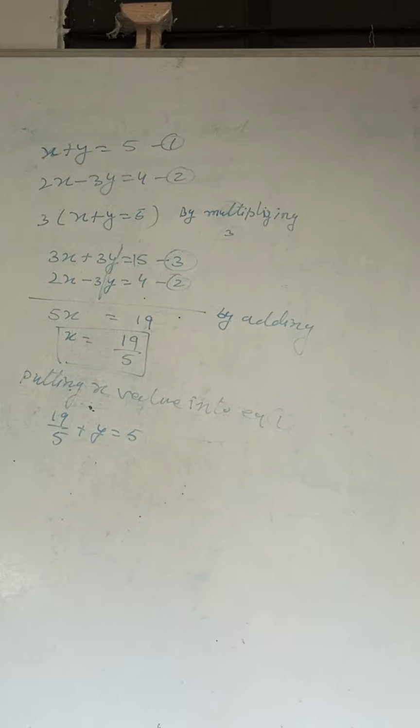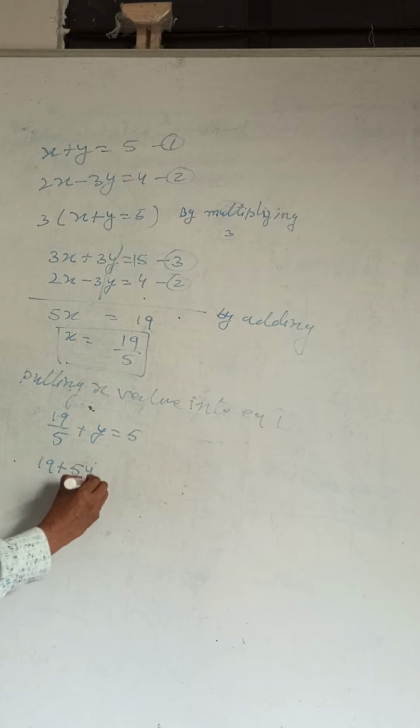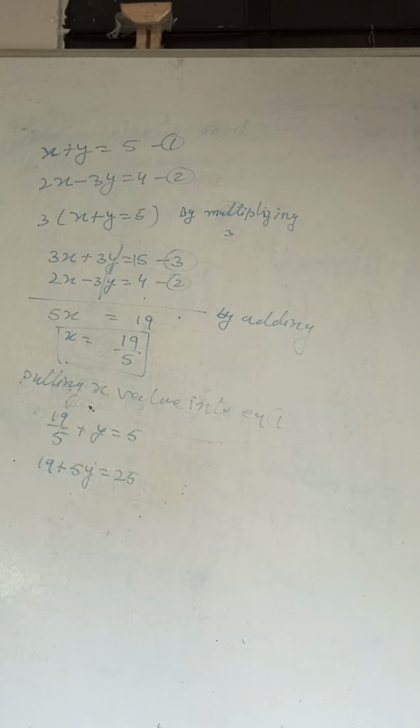This is equation number 1. In that, multiplying by 5 because the denominator is 5, we can write 19 plus 5y is equal to 25. Because of the denominator 5, we multiplied all terms by 5.